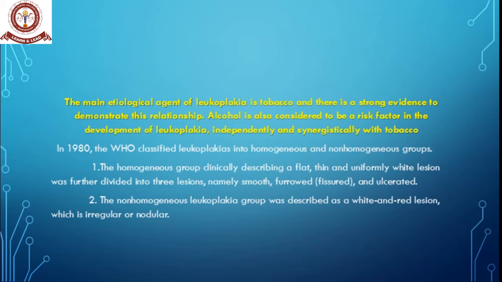It is not going to have any change in color or structure. So it is a flat, thin, uniform white lesion. It can be further divided: the uniformity can be smooth, fissured or ulcerated. In case of non-homogeneous leukoplakia, it is described as a white and red lesion which is irregular or nodular.